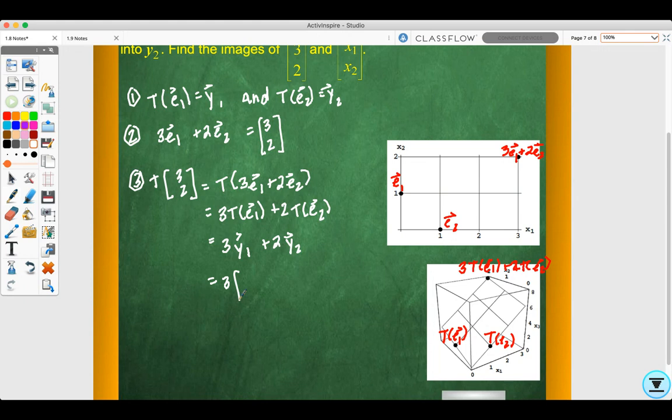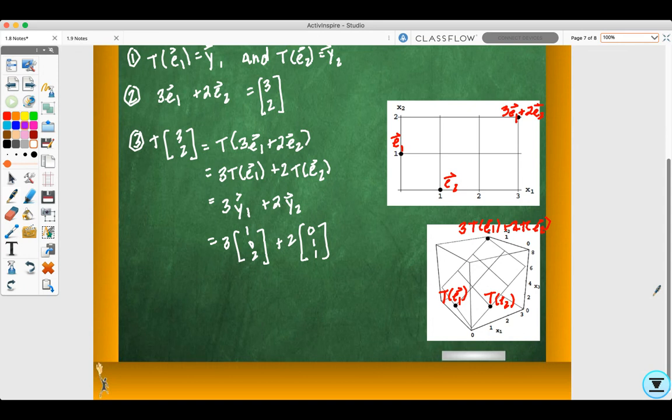And we know that y1 is 1, 0, 2, and y2 is 0, 1, 1. This then would be 3, 0, 6 plus 0, 2, 2, which would then equal 3, 2, 8. Which, if you look, that would be 3, 2, 8.